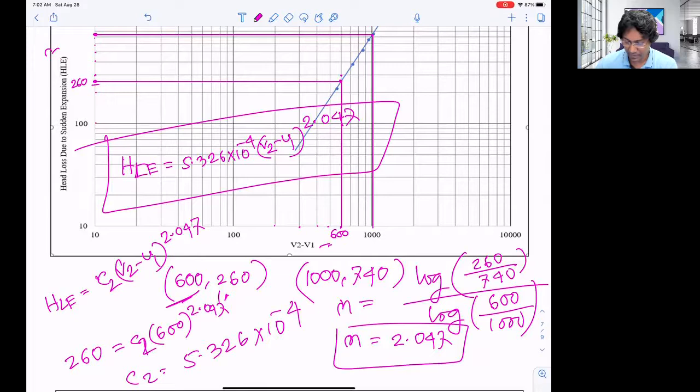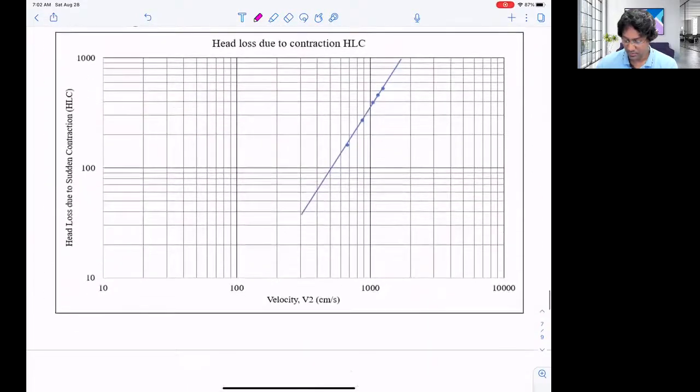So similarly, we have the other plot. We are plotting V2 and head loss due to sudden contraction, and we have the same type of plot. From this one we have to extract two different points. So let's consider first that one. It is looking reasonable, middle of the point. So we have this point.